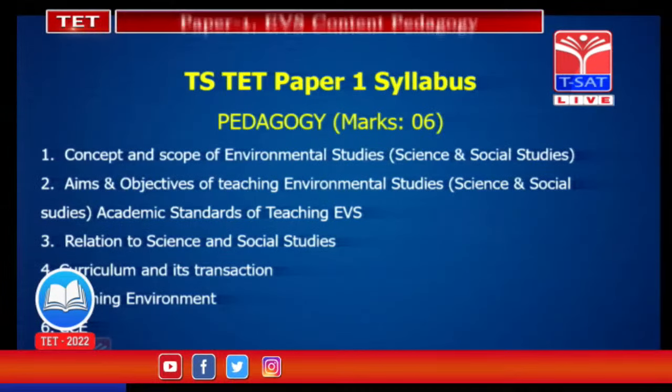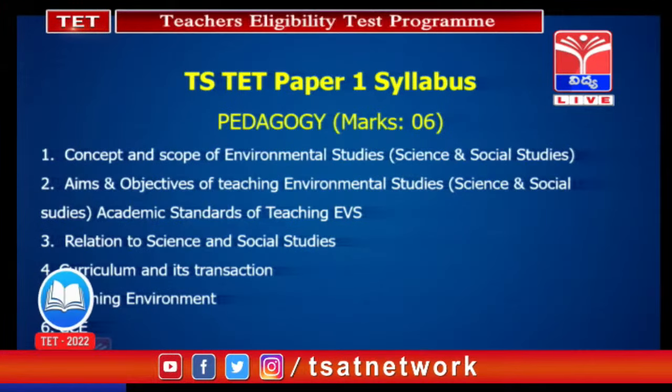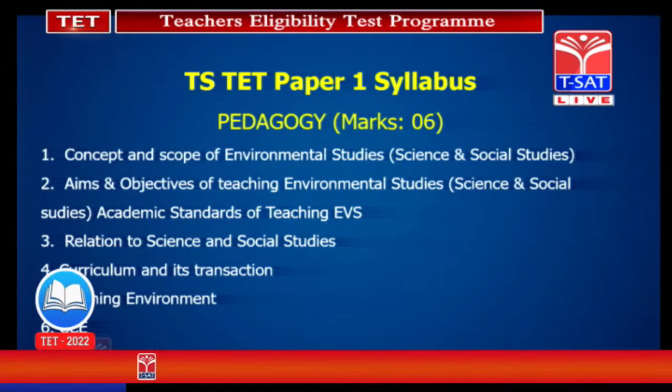So, the objective of EVS is to make individual students cope with their immediate environment, to follow certain democratic principles, and to develop environmental awareness abilities also. And one more important point in the TET syllabus, particularly in the methodology part, is academic standards.